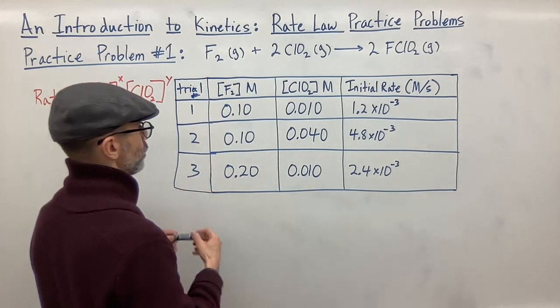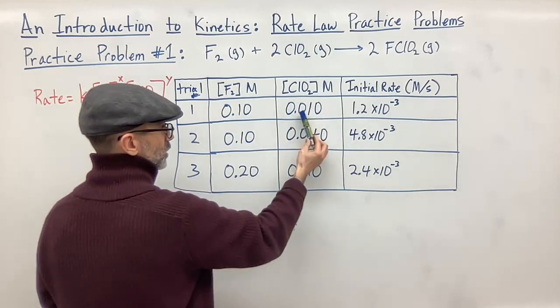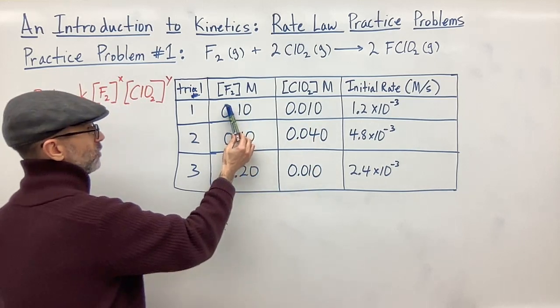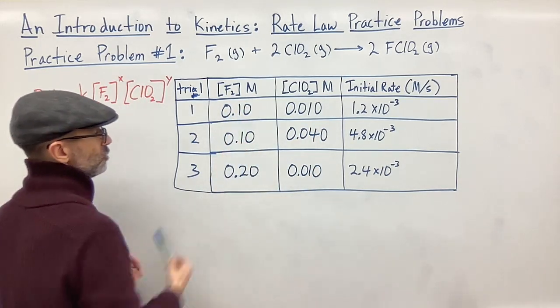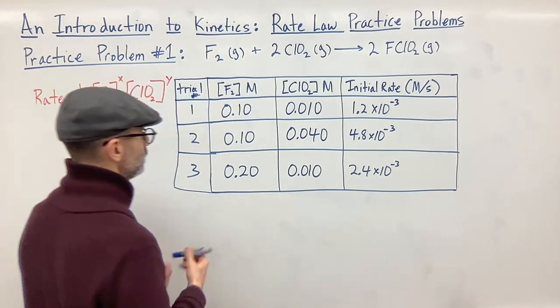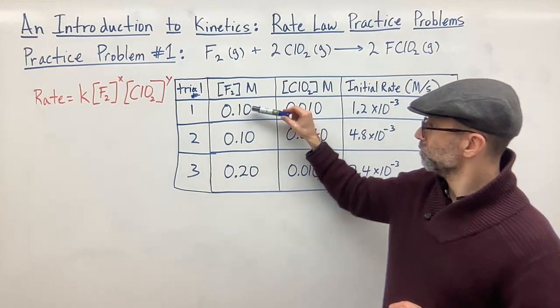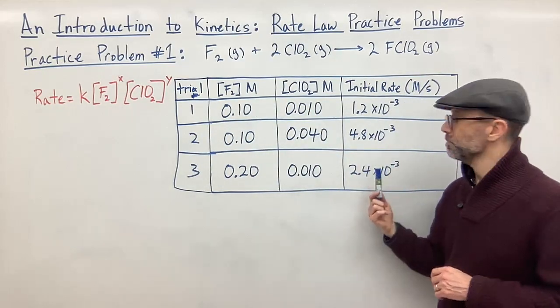So we'll look at 1 and 3. You'll see that the ClO2 concentration is constant between these two trials. And here we see that the F2 concentration is not. So what we want to do is look at how they change and look at how the rate changes here.